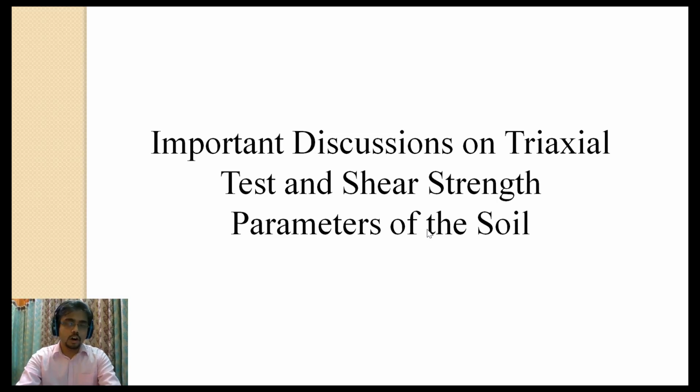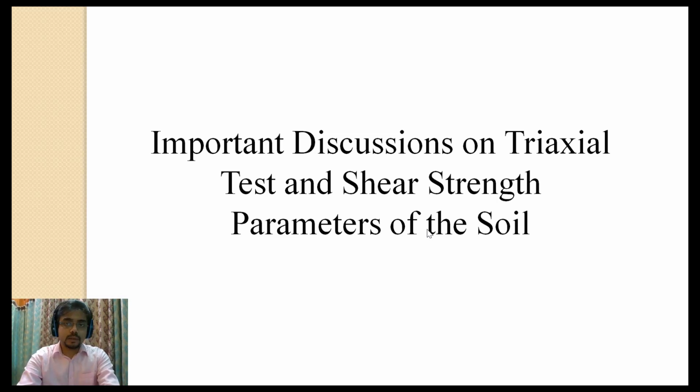That means in the first stage of the test, the consolidation is going to occur. We know that the first assumption for consolidation to occur is that the soil must be saturated. The soil must be fully saturated. So it is quite clear, I think, that for CU and CD tests, the soil sample which you are going to use should be fully saturated.